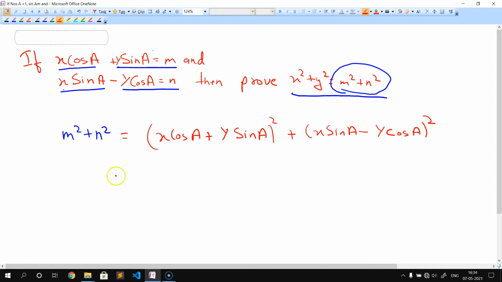When we open the whole square, it will become x square cos square a plus y square sin square a plus 2x cos a y sin a.